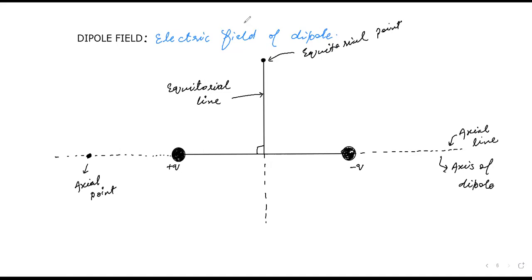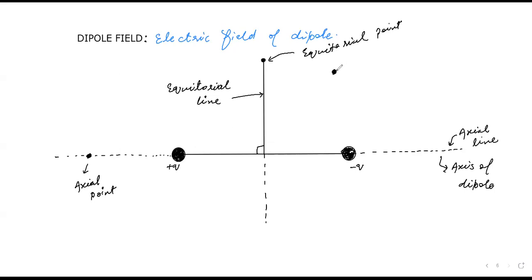Now, the third main point is that if you want to calculate the electric field due to a dipole at any other point instead of the axial and equatorial line, suppose you take this point.